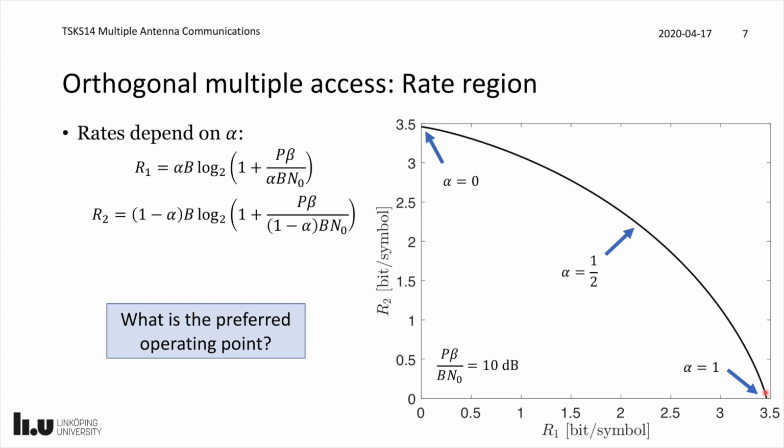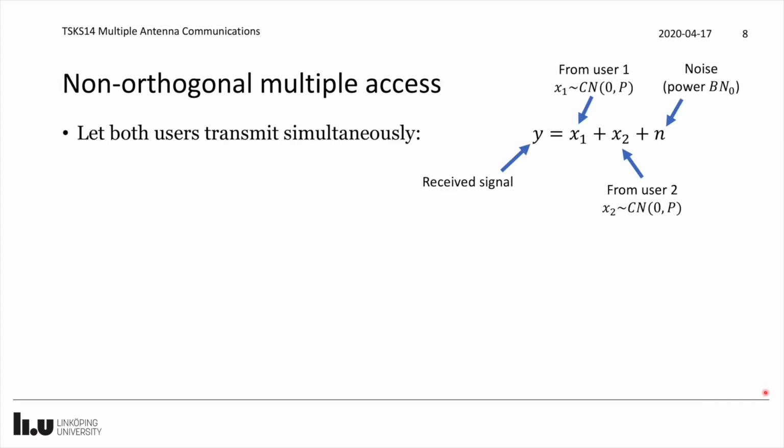This was orthogonal, where we are dividing the bandwidth between the users orthogonally, but we can also do a non-orthogonal option. So in this case, we let both of the users transmit simultaneously on the same bandwidth, which means that the received signal, Y, we still only have one antenna at transmitter and one at the receiver, then this received signal Y is equal to X1, which is the signal coming from user 1.